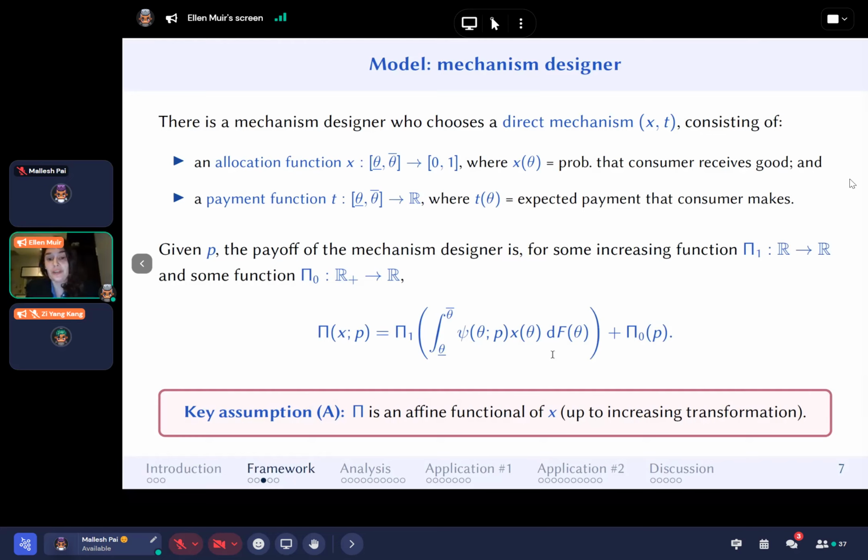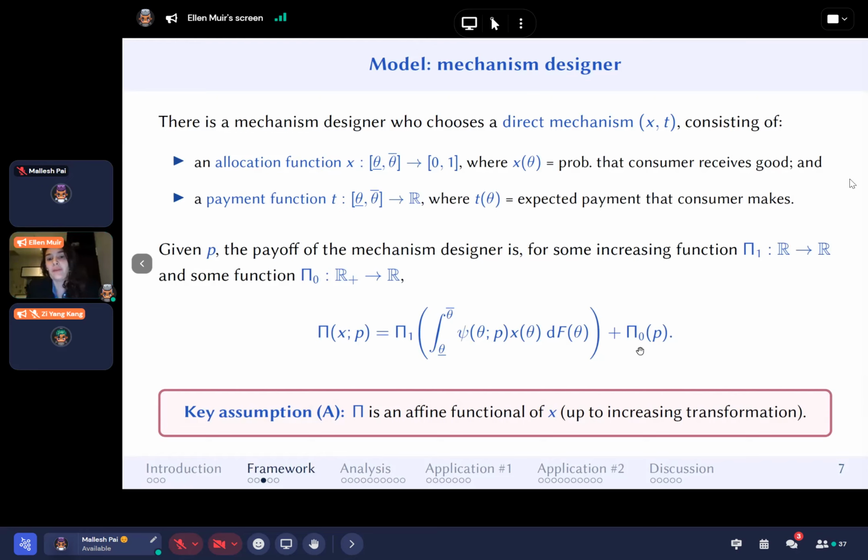We're going to assume that this is some increasing function of essentially a standard virtual surplus function, multiplied by the allocation that's induced in the direct market, and then integrated with respect to the probability distribution of the types of the agents.